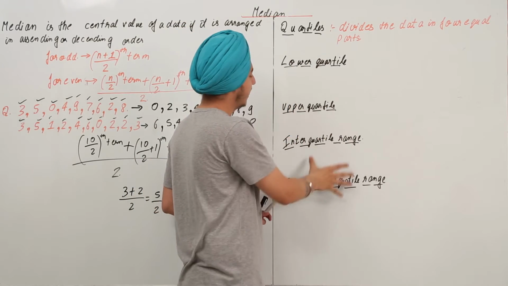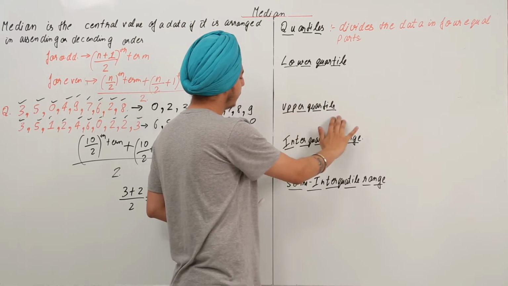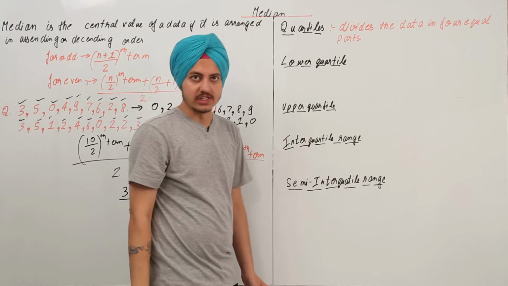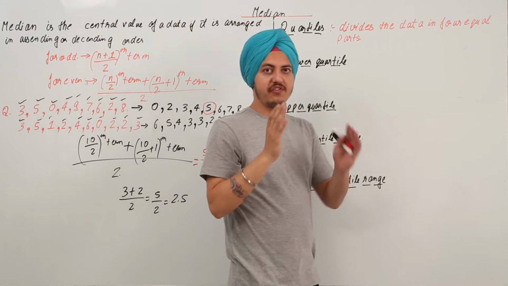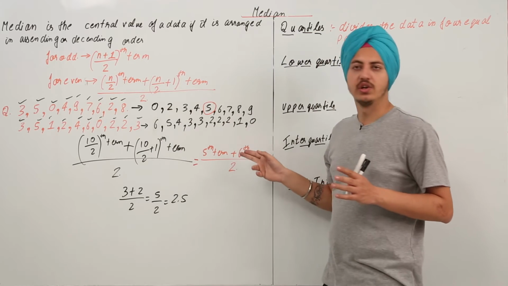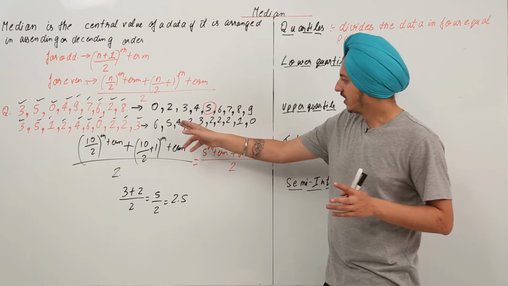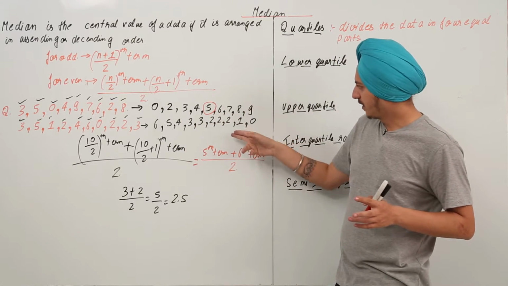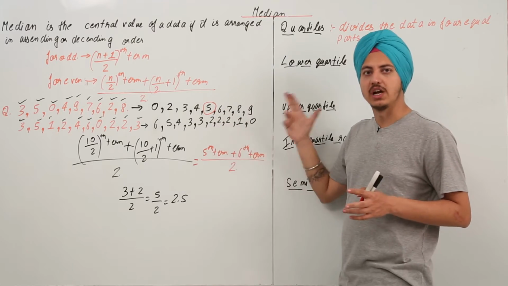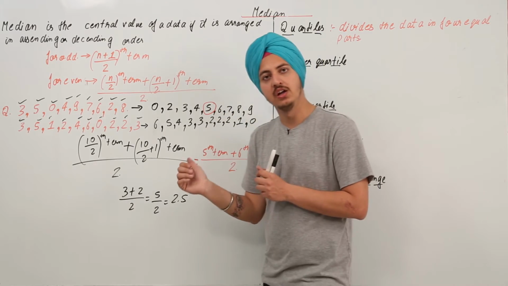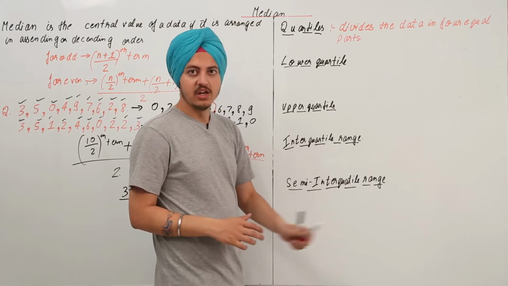So there are 3 types of quartiles, that is lower quartile, upper quartile and interquartile range, right? If we apply cuts at 3 points, then only the data will be divided into 4 parts. There is a lower quartile, then there is an upper quartile, and then there is one quartile in the middle.